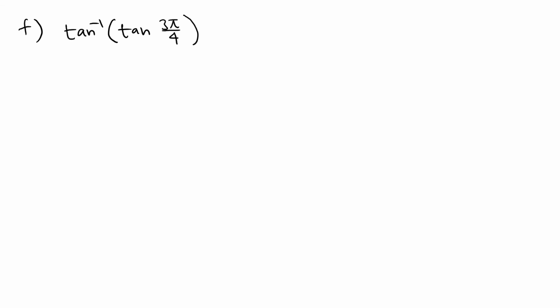Okay, let's look at the next one. We have tan inverse tan of 3 pi over 4. 3 pi over 4 is again in the second quadrant, where tangent is negative. The reference angle is pi over 4. So we can write this as tan inverse tan pi over 4 according to the reference angle method, and also there's a negative sign because in quadrant 2 tangent is negative.